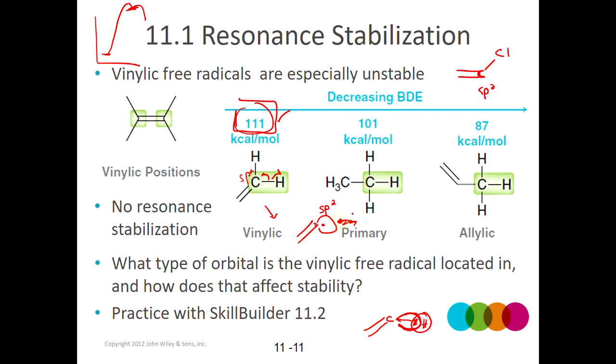Actually, it would probably be a single electron, maybe belonging to some nucleus, to reform that sigma bond, which allows the electrons to get pretty close to that nucleus and stabilizes them. So the vinylic position is not stabilized by resonance, and in fact the orbital involved makes it even less stable to try to take electrons away from that space that's pretty close to the nucleus.